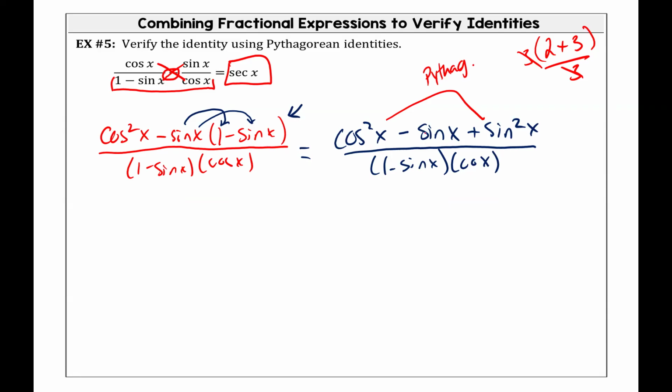So if I have cosine squared x and sine squared x, what does that equal? 1. So this now becomes 1 minus sine x over 1 minus sine x times cosine x. And now this is a whole factor. Because this is by itself, guess what I can do now? I can cancel it.